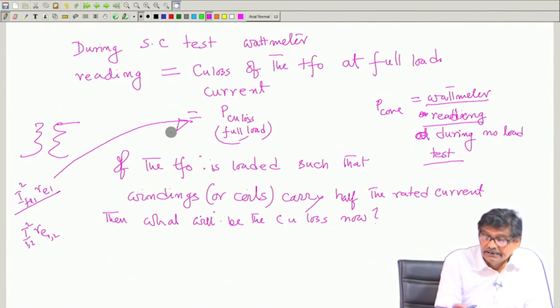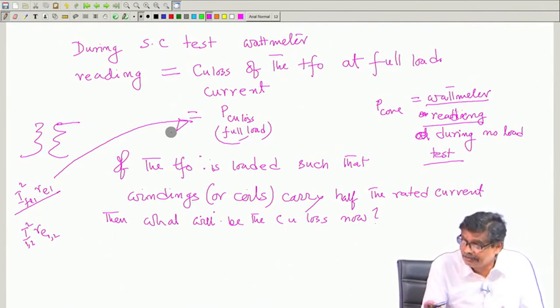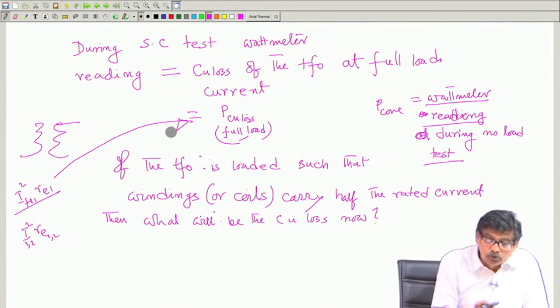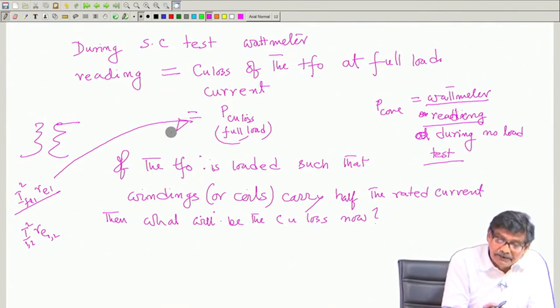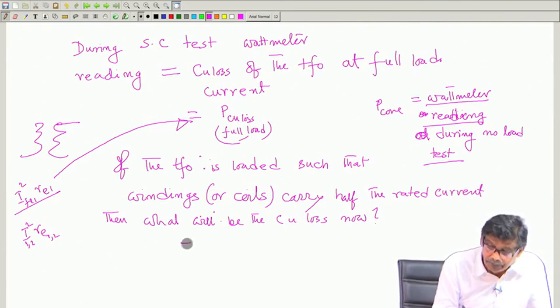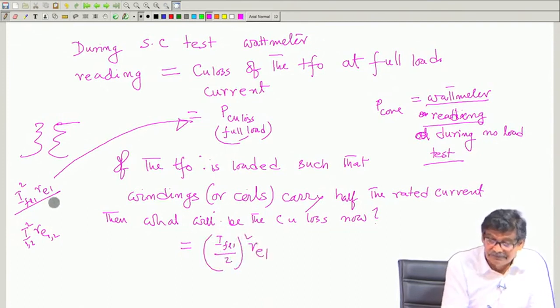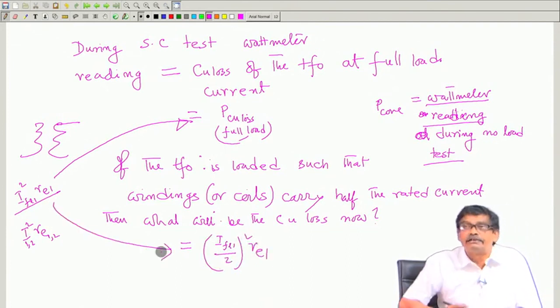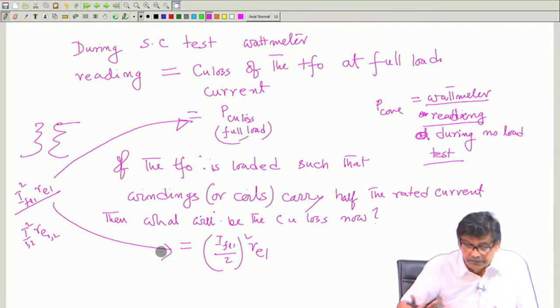Now, I am saying that the winding current is made half. So, what will be the copper loss now? Copper loss now should be (I_FL1 by 2) whole square into R_E1, is it not? If you make the currents half the rated current, if you have connected such an impedance on the secondary side that the coils are carrying half the rated current, R_E1 remains the same.